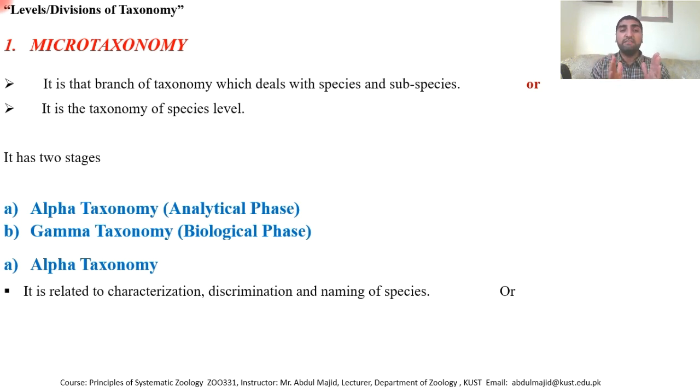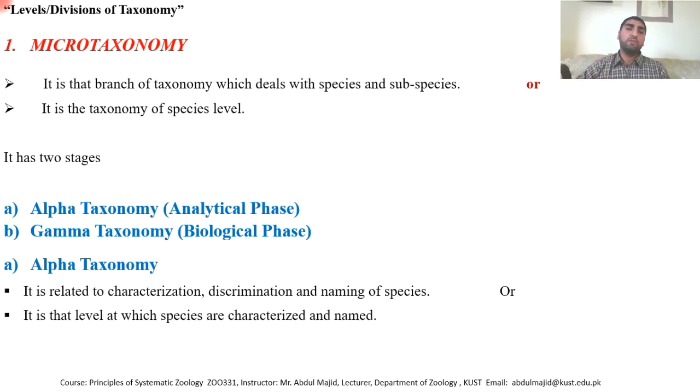So this level at which you characterize a species, discriminate it, and then name it is known as alpha phase or analytical phase or alpha taxonomy.